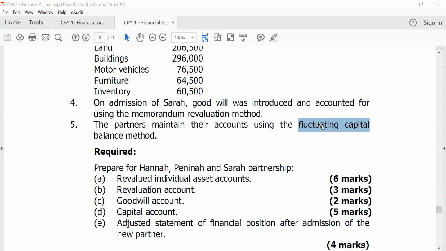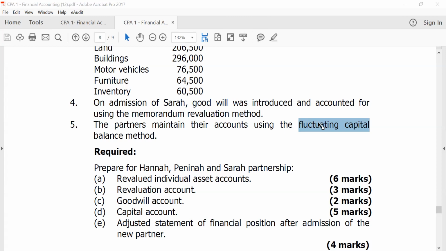If you're using the fixed capital method, the capital account is only used to record the capital contributions by the partners.